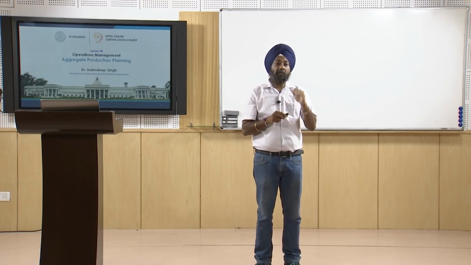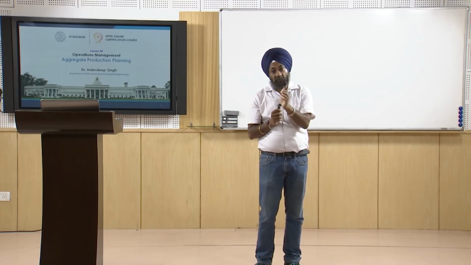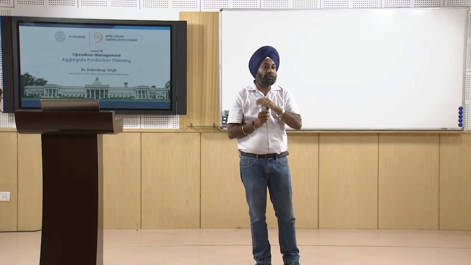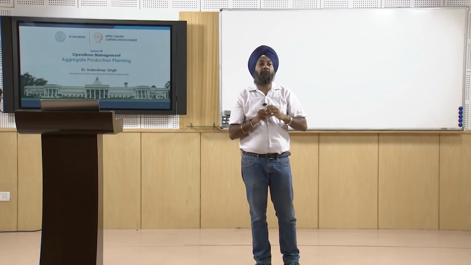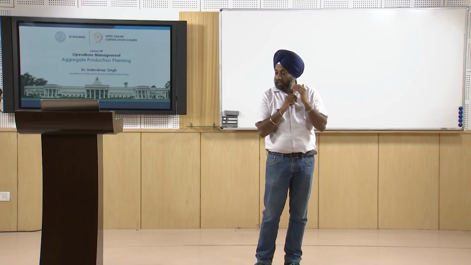If you remember, in week 1 we covered the basic aspects of operations management, in week 2 product design and development, in week 3 sales or demand forecasting, in week 4 plant location, in week 5 plant layout, and in week 6 we are covering production planning and control, and today is our third session of week 6. In the first session we covered the basic aspects of production planning and control.